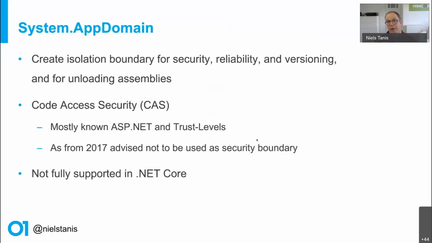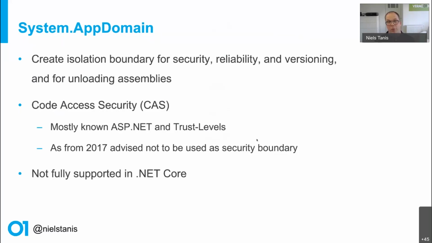If there are people in the room developing with ASP.NET Core 2.0, they probably are aware of something called trust levels, which was an implementation of code access security on top of an app domain on an IIS server. What that resulted in is that if a single process is run, and that was like the shared hosting time when everybody was on the same web server, and if you then, within the .NET application, request the temporary files, then you'll get the temporary files of everybody.